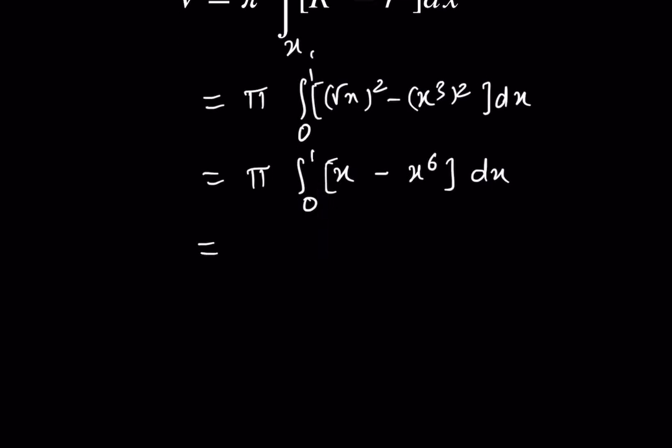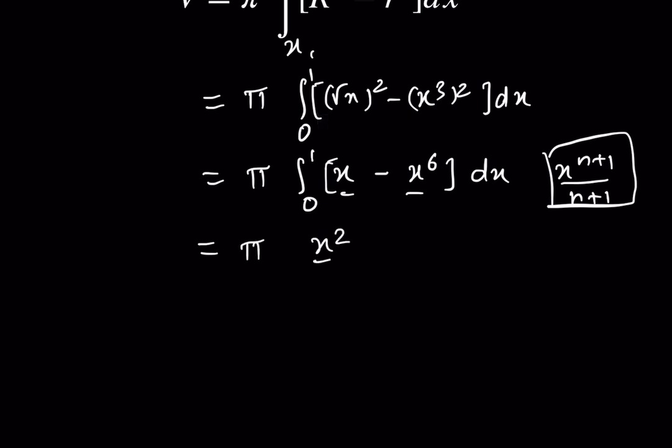Applying the integration formula for x raised to n, which is x raised to n plus 1 upon n plus 1, for both the terms. So the first term integration is x square by 2. Second term integration is x power 7 by 7, x limits 0 to 1.